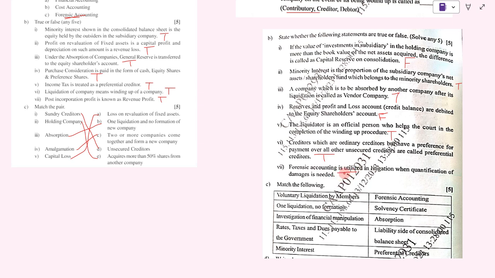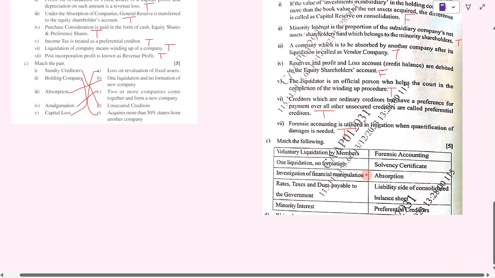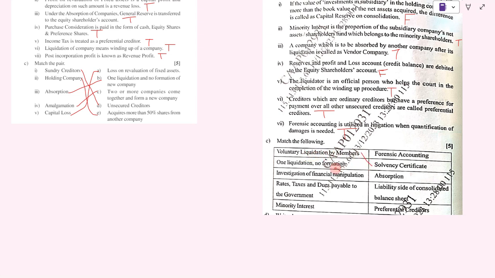True. Next, match the following. Voluntary liquidation by members, solvency certificate; one liquidation, no formation, absorption; investigation of financial manipulation, forensic accounting; rent and rates due payable to the government, preferential creditors; minority interest, liability side of consolidated balance sheet.